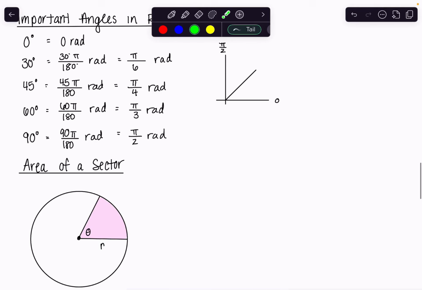We talked about arc length, which is that distance. Now we're going to talk about the area of a sector. So if I have a specific angle and I basically just take a slice of my circle with radius r, we want to figure out what is that area it takes up. So we're going to call A the area of this sector.